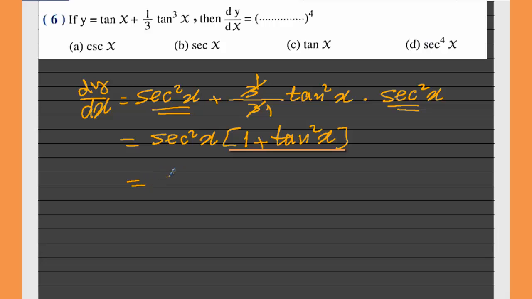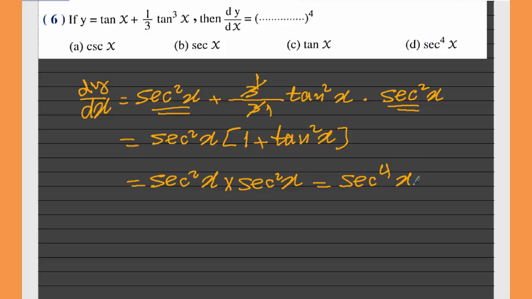So we have sec square x multiply sec square x, as 1 plus tan square equals sec square, which equal sec power 4 x. So between bracket we put sec x and we choose letter B.